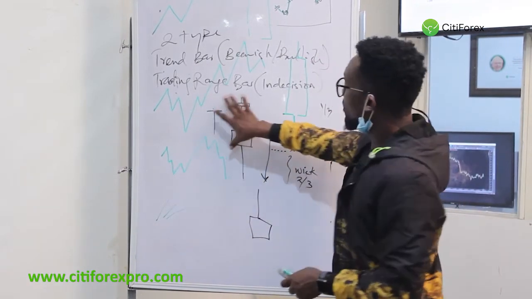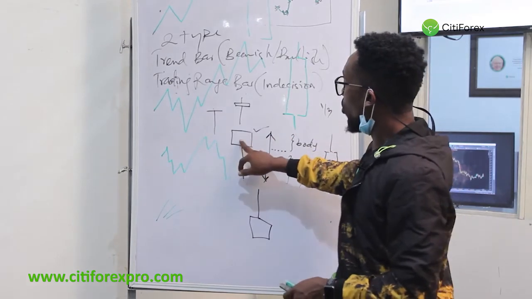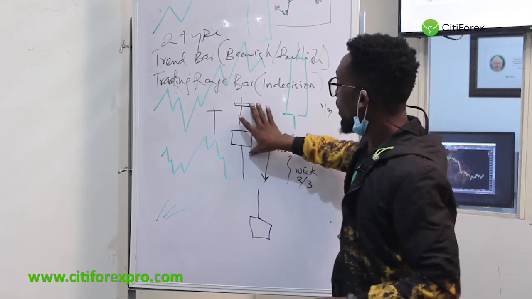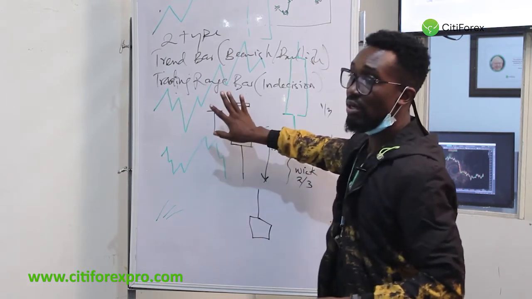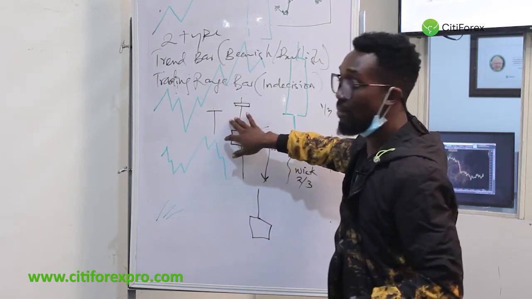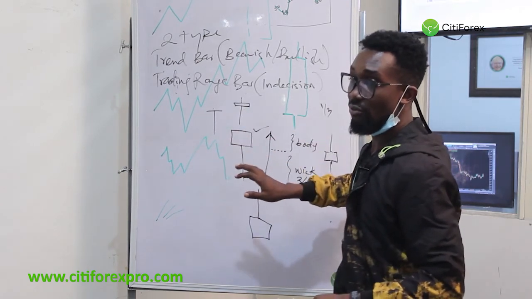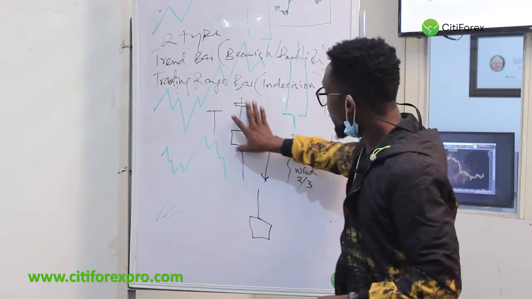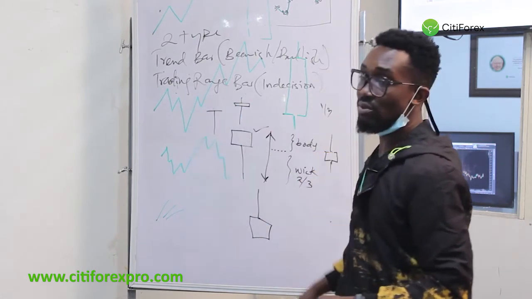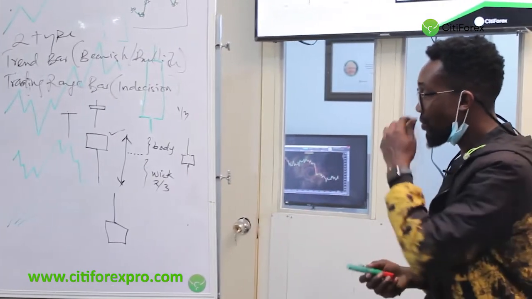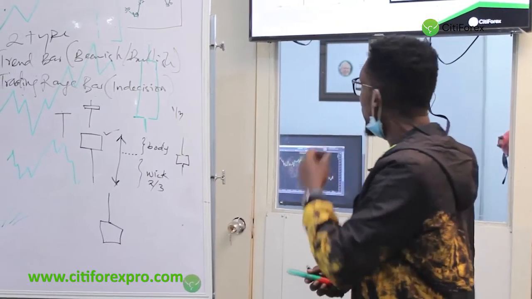So we are going to classify all of them, whether they are doji or hammer or shooting star, as indecision bars, but we'll take them as pin bars for the sake of the strategy I will show you. So we'll classify all of these types of candles as pin bars.